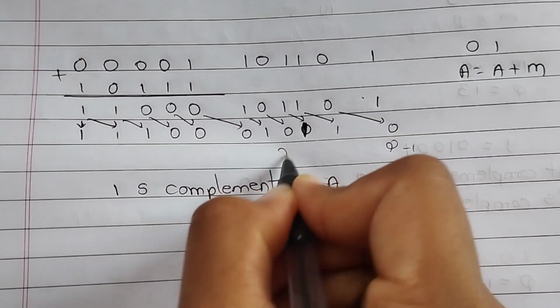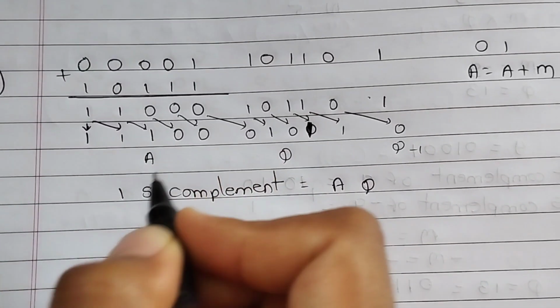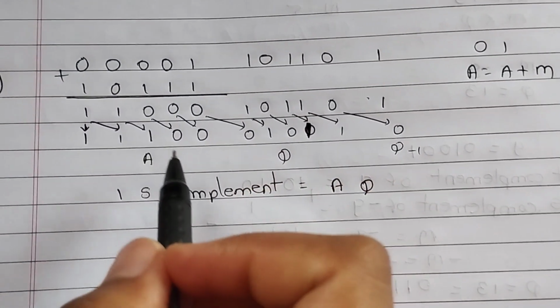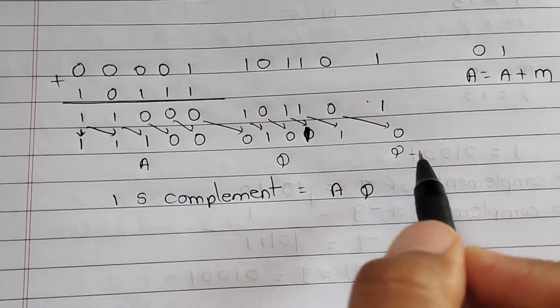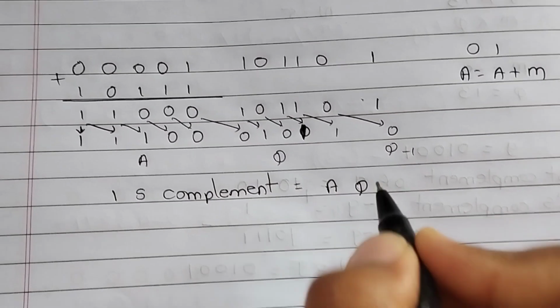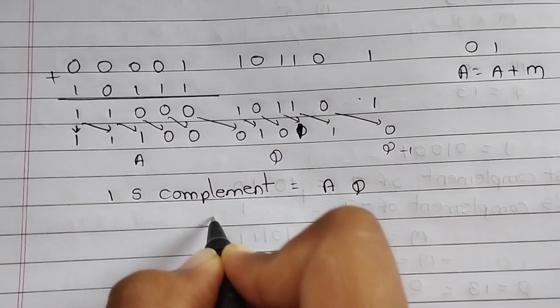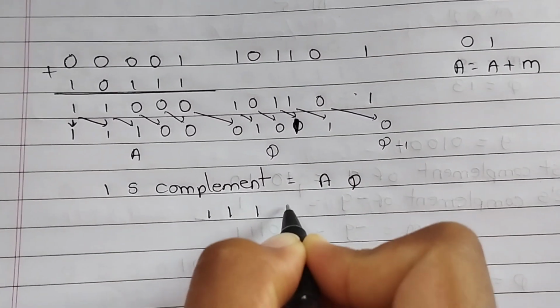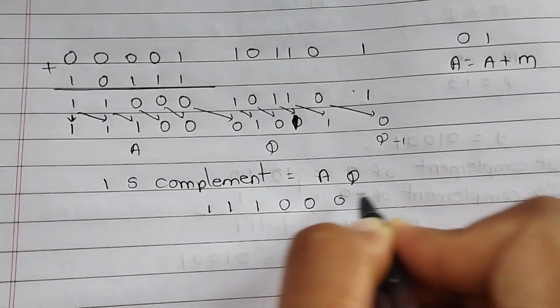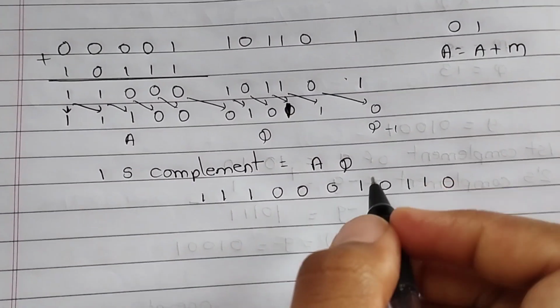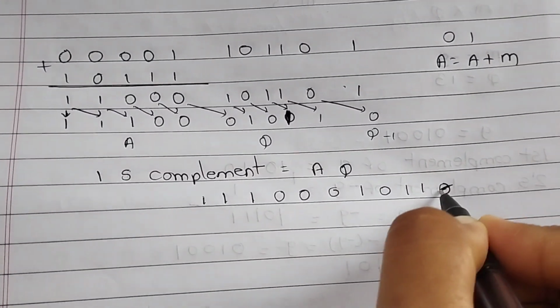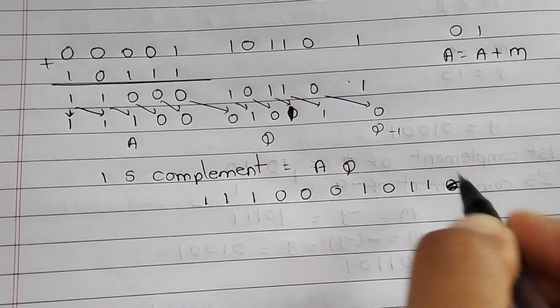This is Q minus 1, this is Q, and this is A. We want the answer of A into Q, so we consider A and Q, not Q minus 1, in the result. So the bits are 1 1 1 0 0 0 1 0 1 1 0, and sorry, this last one is not considered because it is Q minus 1.